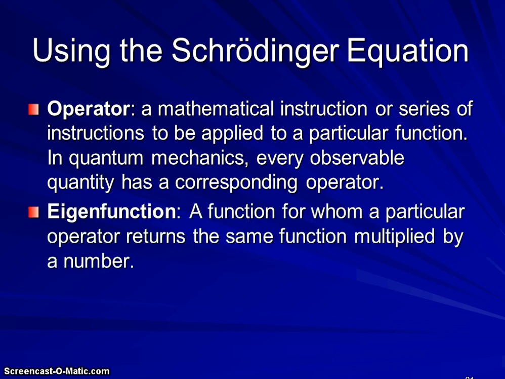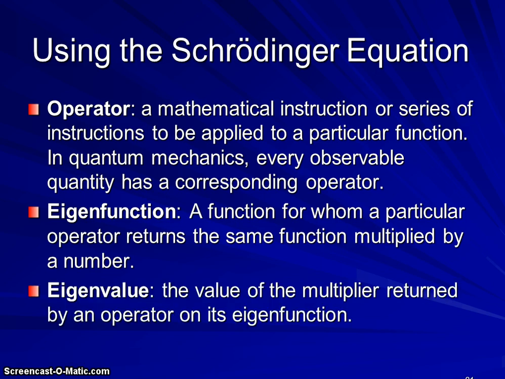A function that gives a number times the original function when a certain operator is applied to it is called an eigenfunction, and that number that's returned is called the eigenvalue of that operator on that function.